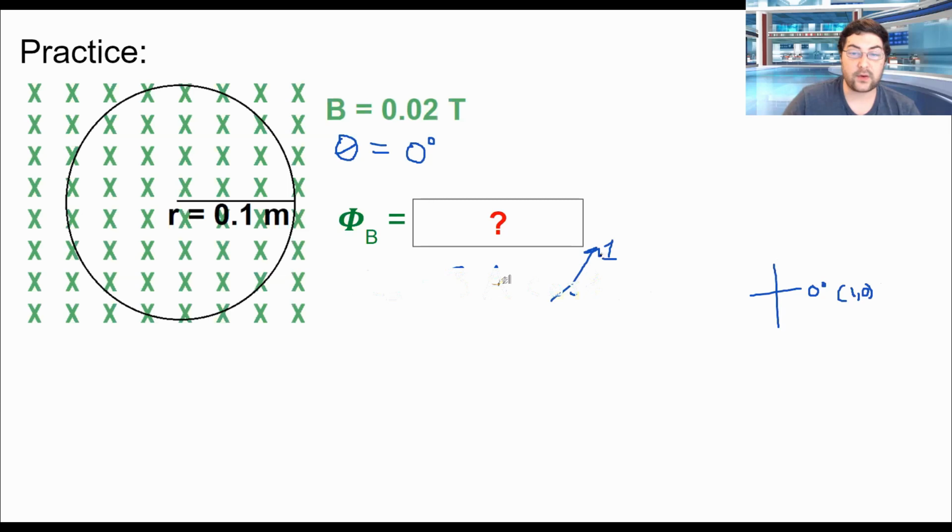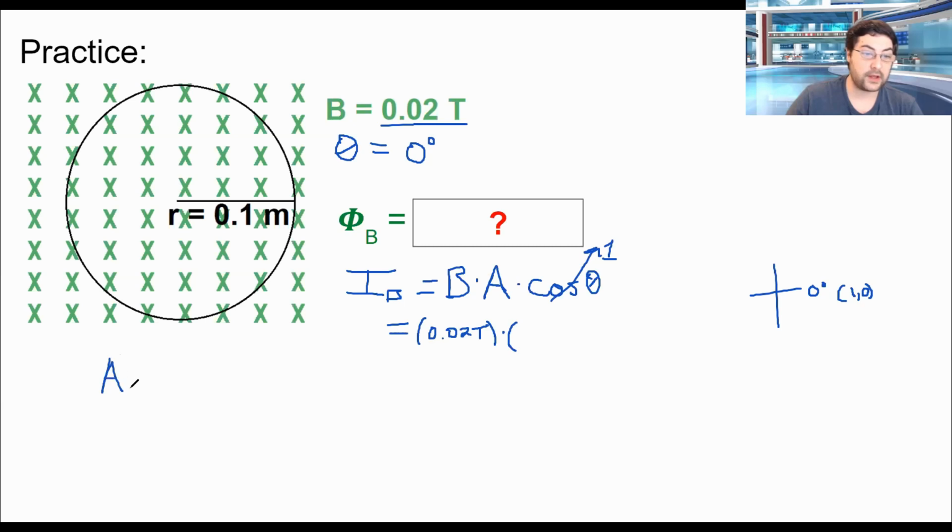Okay, the next thing that we need to do is plug in our B, our magnetic field strength. We have that as 0.02 Teslas. Then we need to plug in our cross-sectional area. Since this is a circle, we know that the formula for the area of a circle is pi r squared.